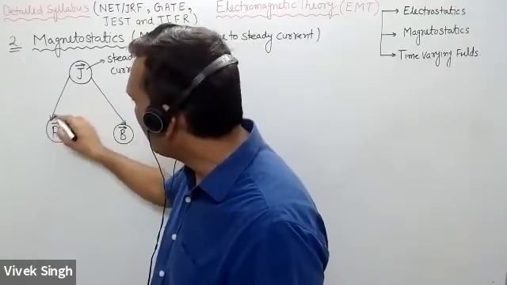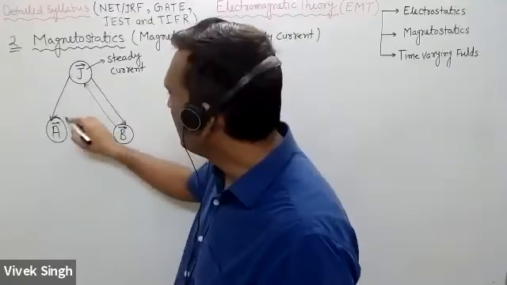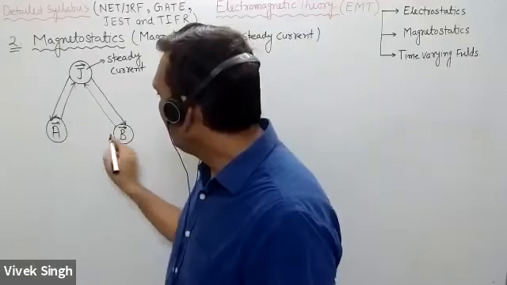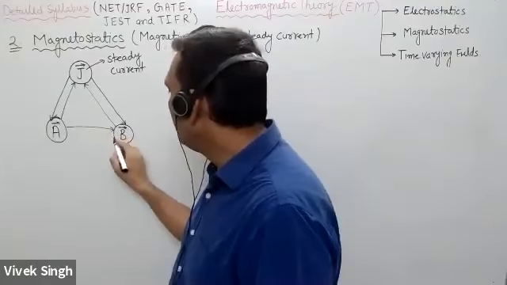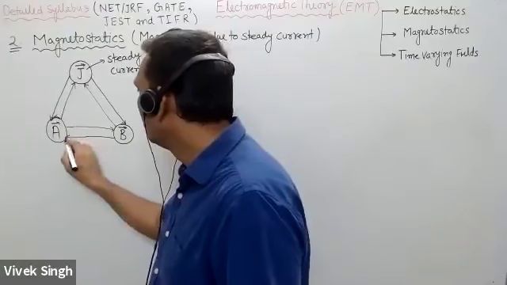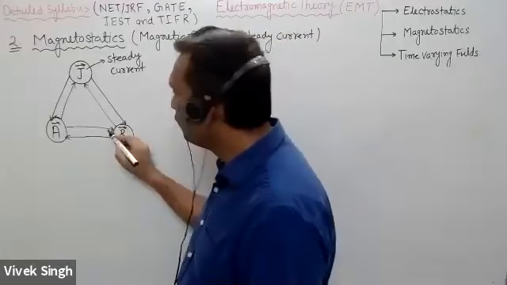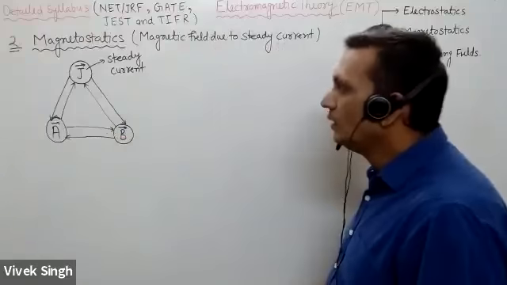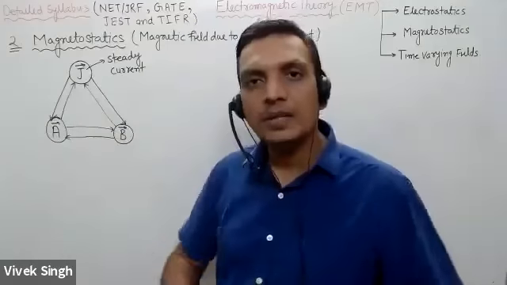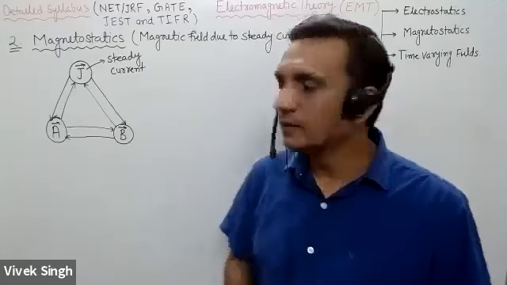Or when current density is given, how to find the vector potential? B is given, how to find J? A is given, how to find J? A is given, how to find B? And B is given, how to find A? If you know these relationships, you know magnetostatics. For a given steady current distribution, to find B and A, you have to relate these parameters. That is all about magnetostatics.